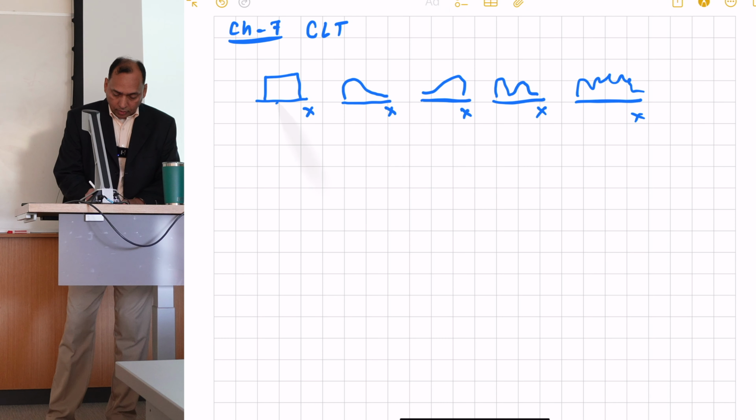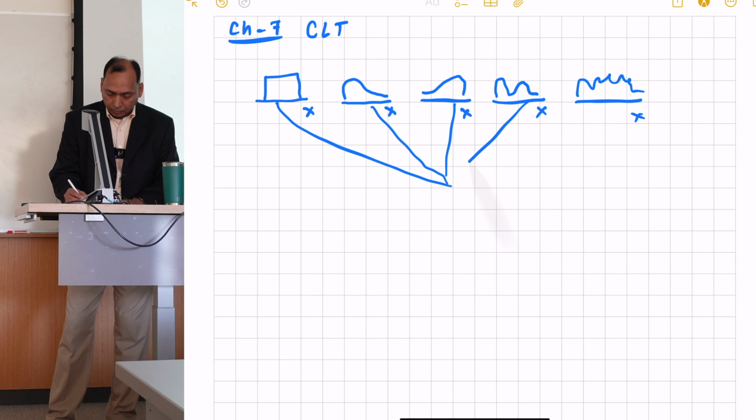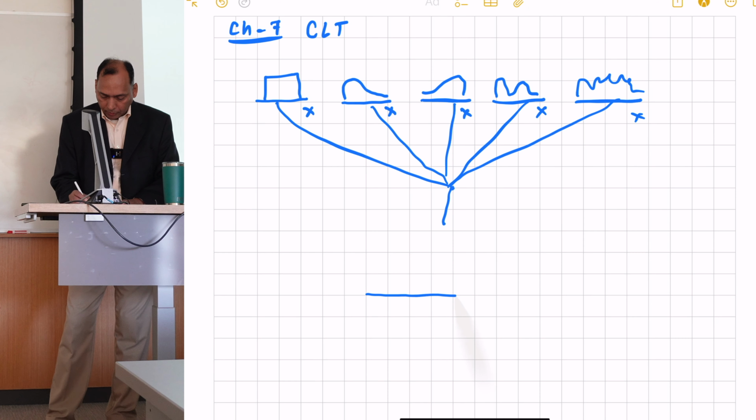So all these, it doesn't matter what is the initial shape of random variable x. All these under some situation will become normal distribution.